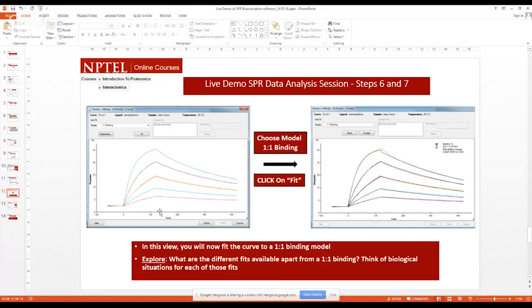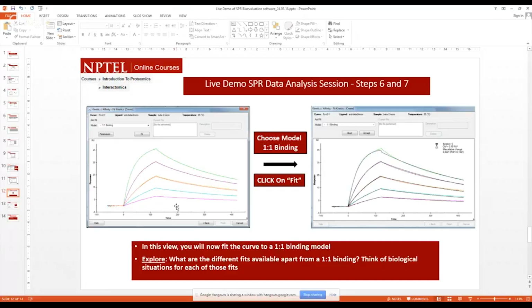If you don't get a good fit, go back to your experiment and try to optimize conditions. If you know from literature already that it is not a 1:1, it is a different kind of fit, then go ahead and fit it to that model. But if you're starting from scratch, if you have no information about your system, start from a 1:1 binding model.